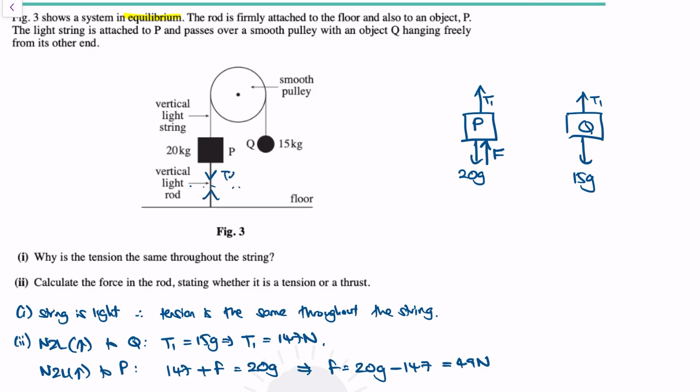This would be tension. But because it's working in the opposite direction, we've labeled F the opposite direction, and it works out to be positive, it must be working towards it, which means it is thrust. So this was F, what we just worked out.